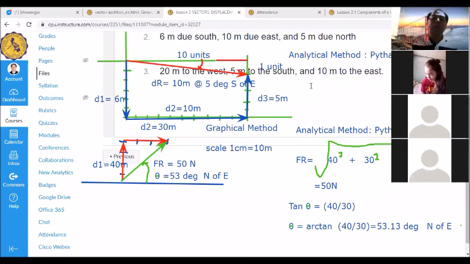So being a hypotenuse, our DR, guys, can be taken by using Pythagorean theorem. And that will be 10 squared plus 1 squared, and we extract the square root after that. So we'll have to get the square root of that.